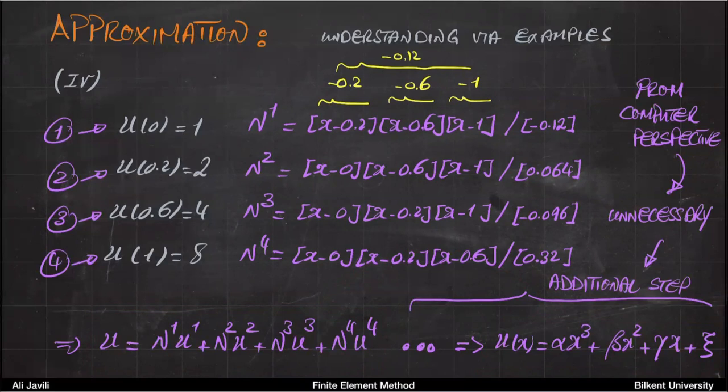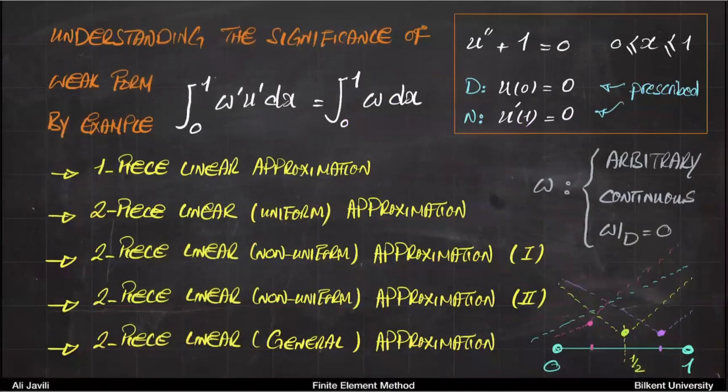All right, so what we want to do next, now that we have learned a nicer, more systematic way of writing approximations, is go back to our example here and solve that again using our new approach to approximation.